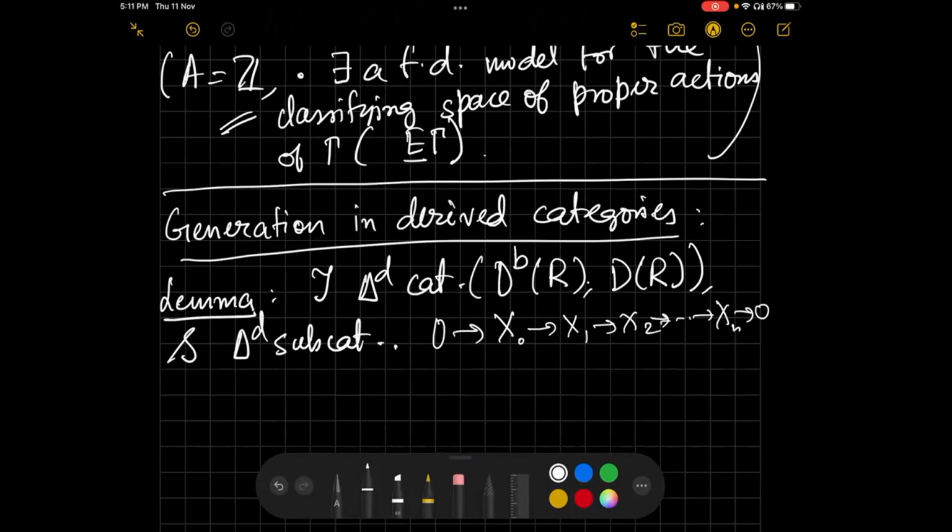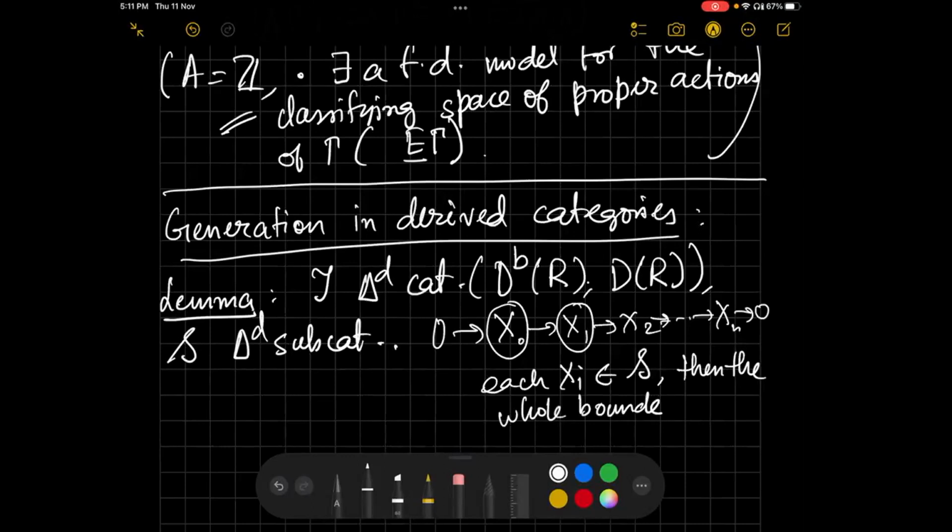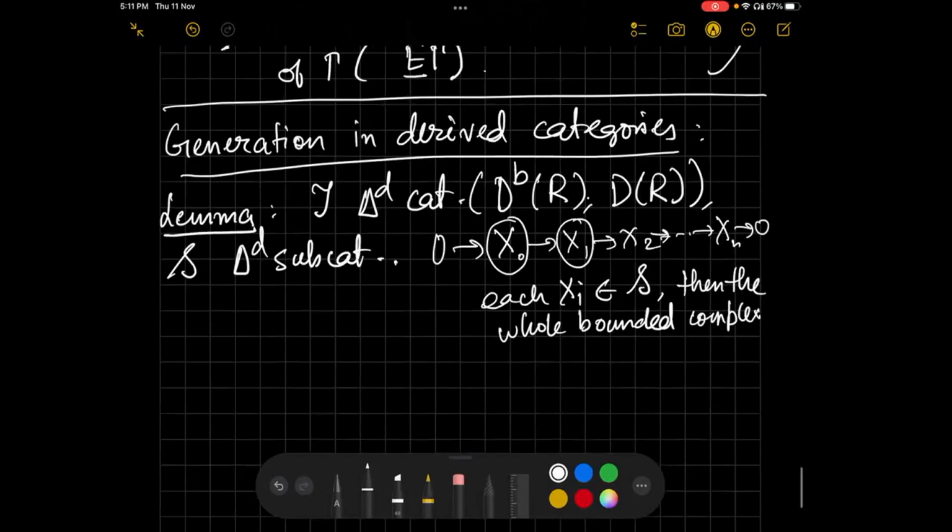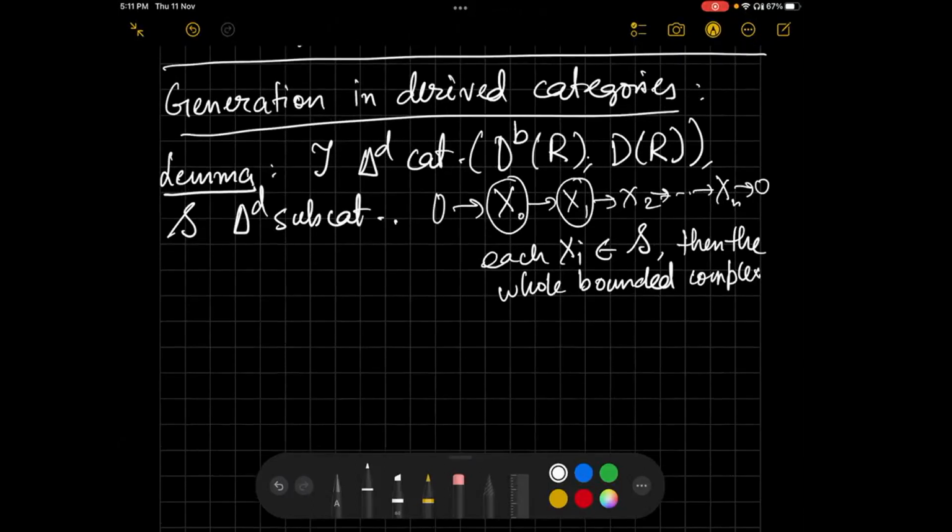If you're looking at something like this, where each X_i is in S, then the whole complex is in S. The whole bounded complex is in S. This is very easy to show by induction. Actually, I believe this is in Jeremy's paper as well. But this is a very classical, well-known result. We'll be using this. How?